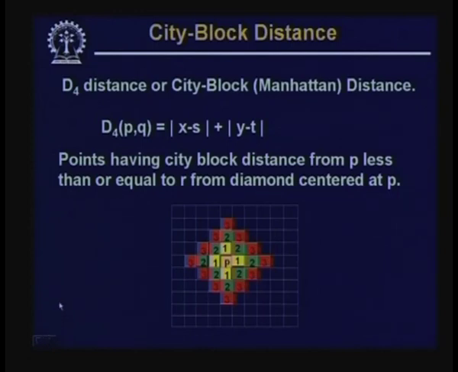If P is the point at the center, then all the points having city block distance 1 are just the 4 neighbors of the point P. Similarly, all the points having city block distance equal to 2 are the points where the distance taken in the horizontal direction plus the distance taken in the vertical direction becomes equal to 2, and the set of all these points simply forms a diamond of radius 2, and similarly other points at distances 3, 4 and so on.